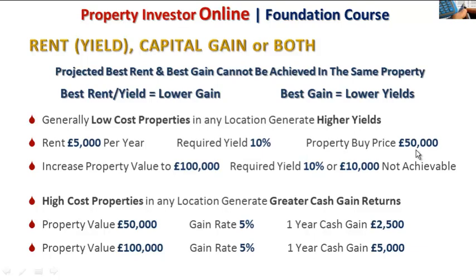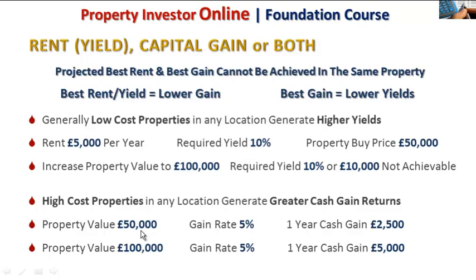Now let's move on to the capital gain calculation, the other end of the seesaw. High cost properties in any location generate greater cash gain returns. And using the same values as we used in the yield example, property value £50,000, the gain rate locally is 5%. At the end of the first year, the cash gain will be £2,500. £2,500 is 5% of £50,000.